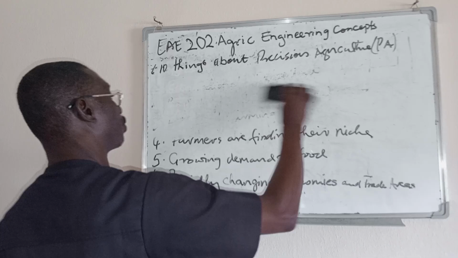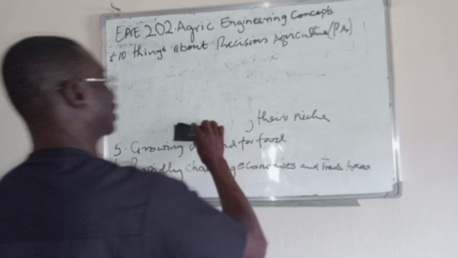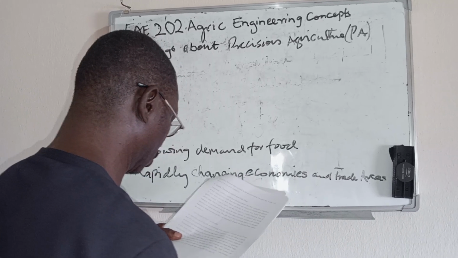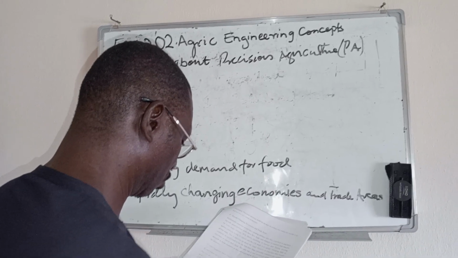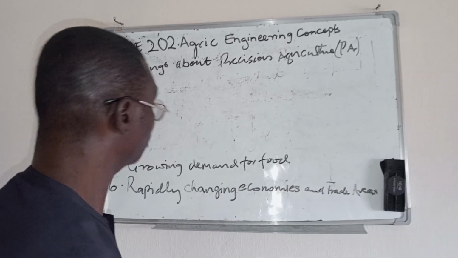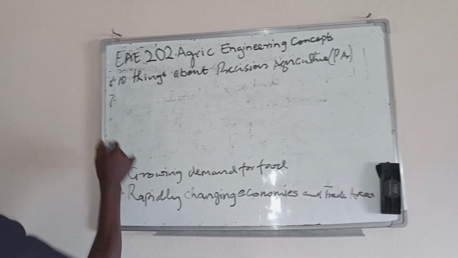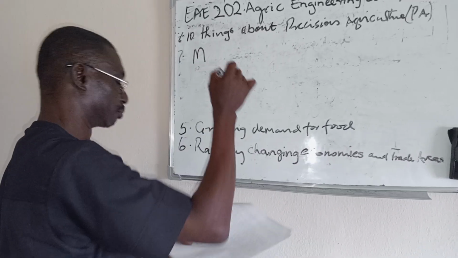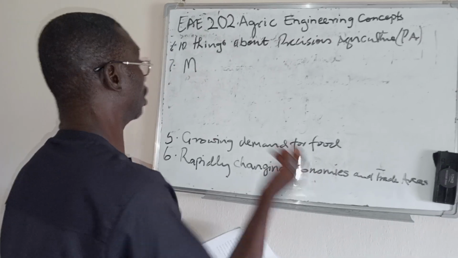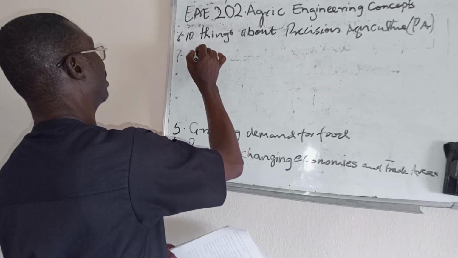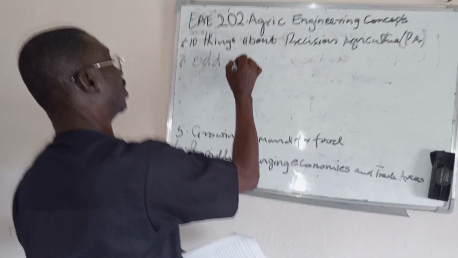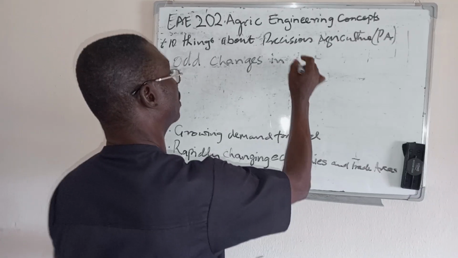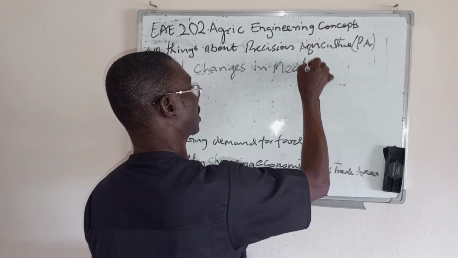Then we look at the 7th one. The 7th thing you must know about precision agriculture: odd changes in meat consumption.